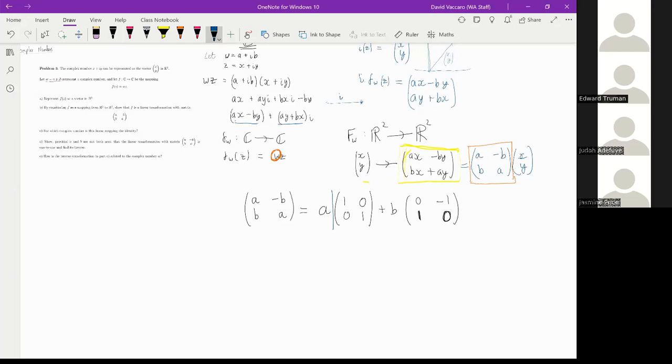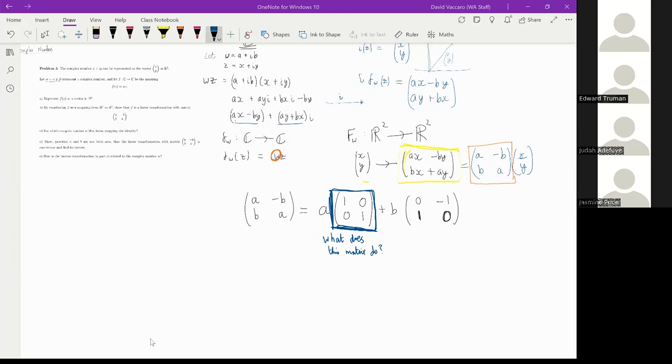Now, some of you might have studied matrices before. Can anyone suggest what this matrix is? So what does this matrix do? Excellent.